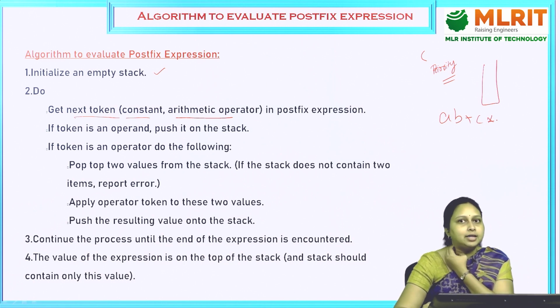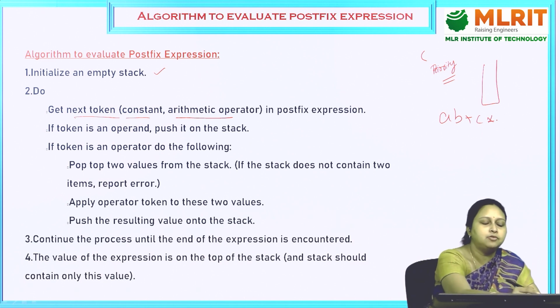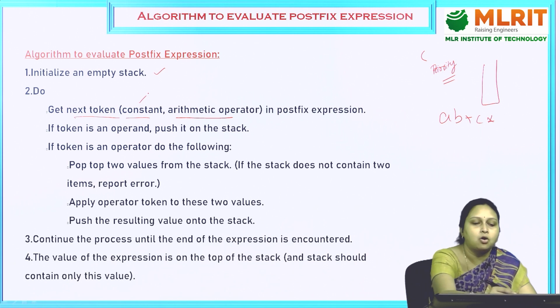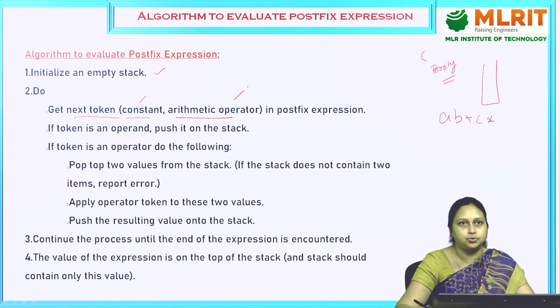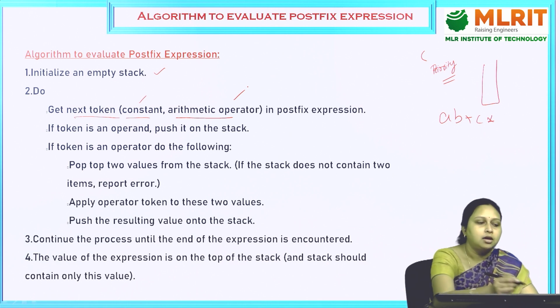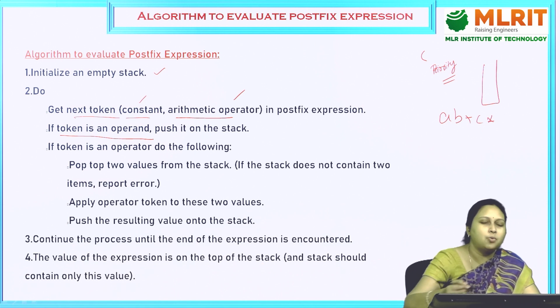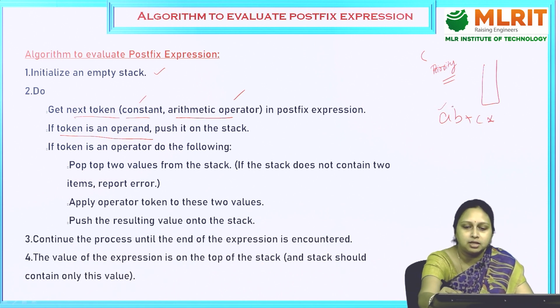Now, to evaluate, observe here: if I get a constant value, what do I need to do? If I get an arithmetic operator, what do I need to do? You need to concentrate only on these 2 things. Now, let us go into the token. If the token is an operand, you may have A and B values assigned with some values, A equal to 2, B equal to 3.